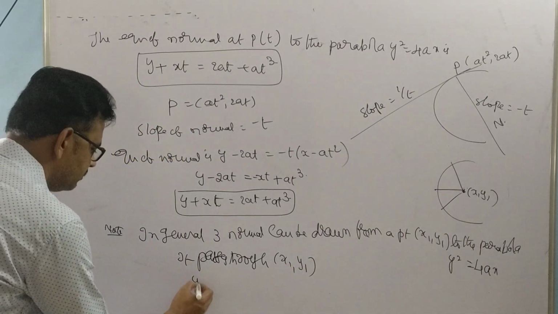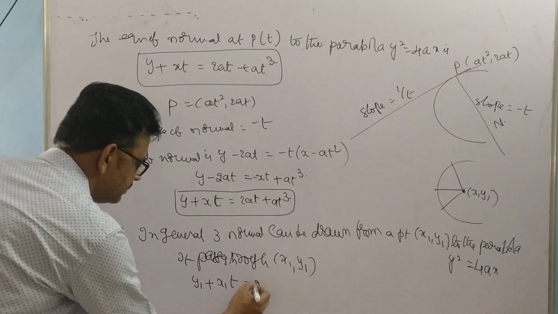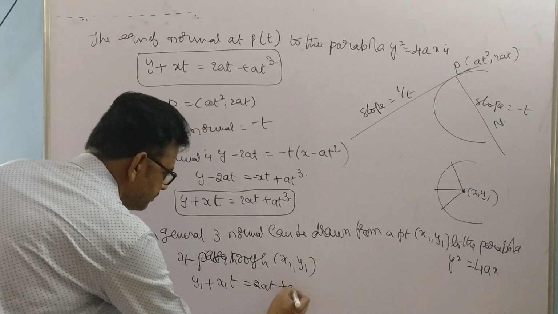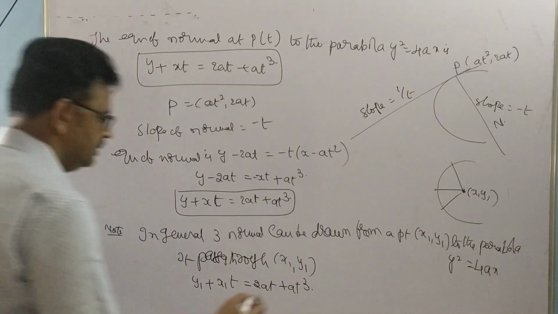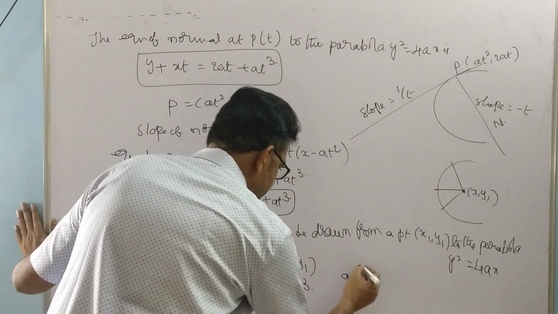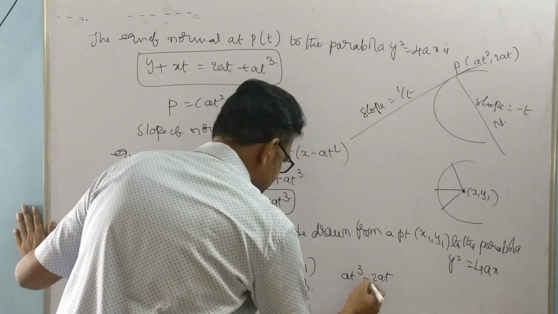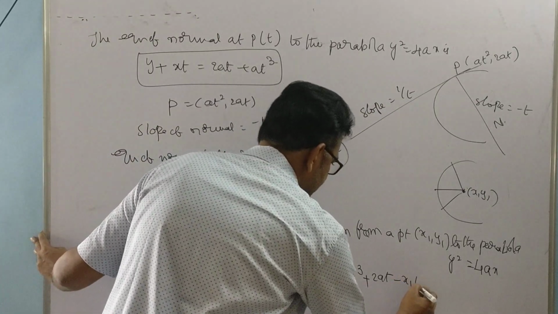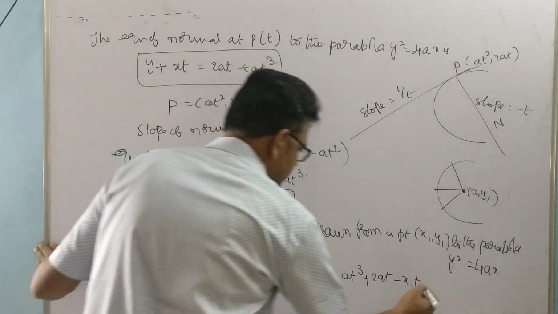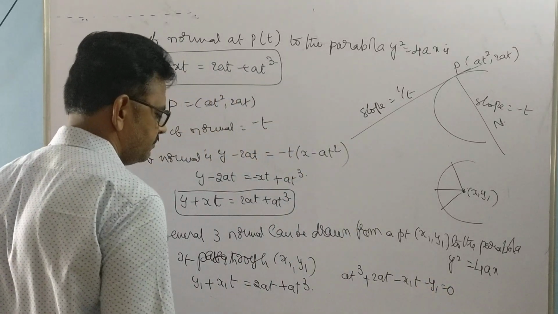That implies y1 plus x1t is equal to 2at plus at cube. That is, at cube plus 2at, taking this side, minus x1t minus y1 is equal to 0.